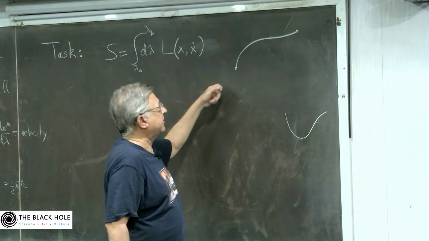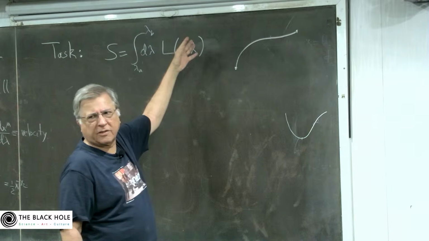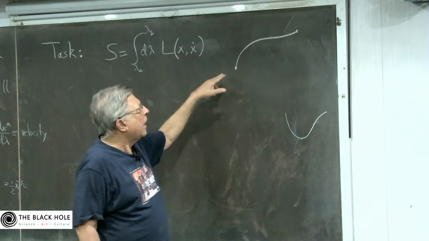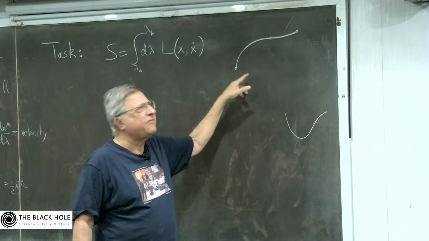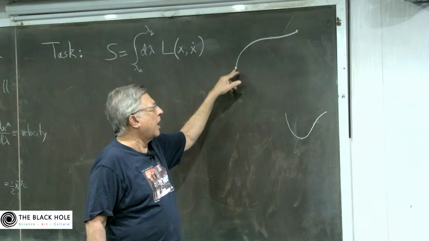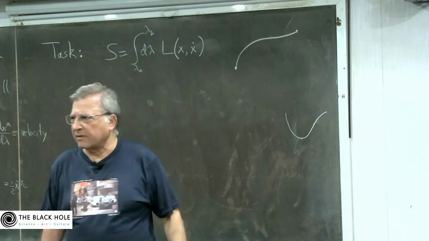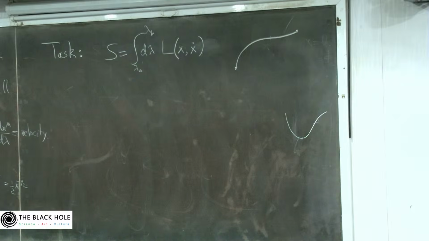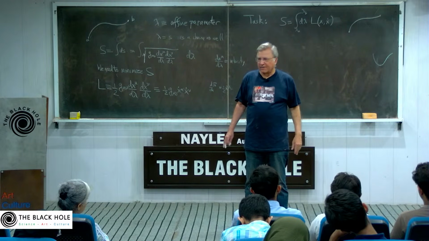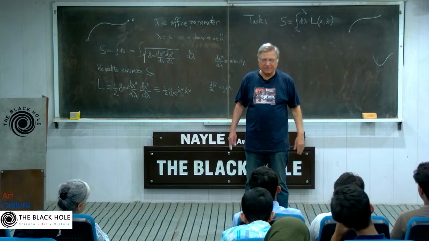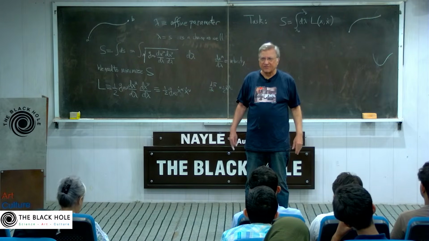Now I want you to tell me, in this case, how am I to find the minimum value of S? This is something which is given. How am I to know the minimum value? How am I to know that this path is the true path? Just think of how you did it when learning calculus.